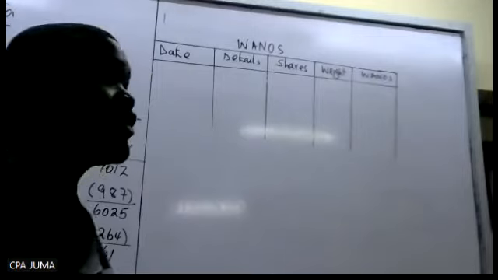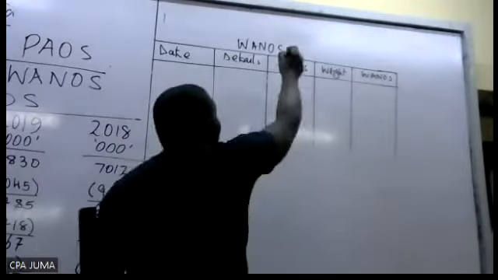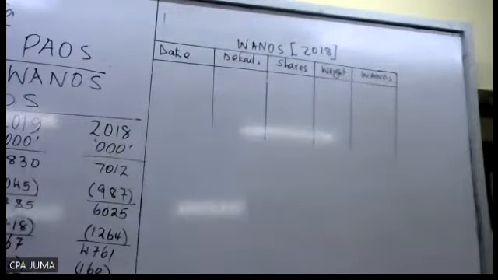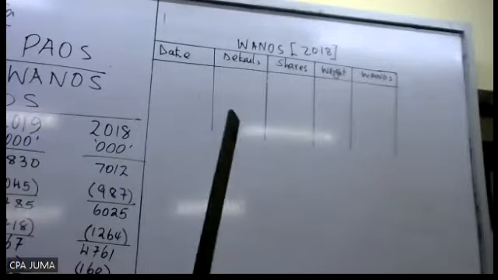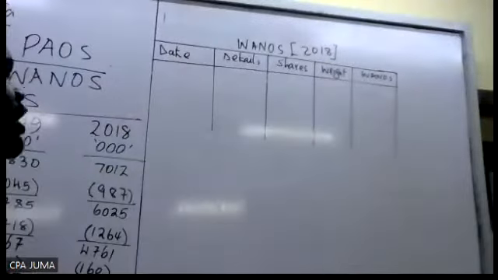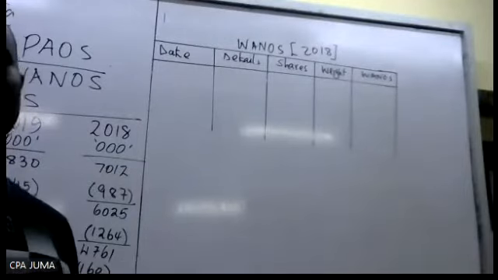So we are working for which year? 2018. You must finish up with 2018 so that you get the closing number of shares to be taken to 2019. So you start with the beginning. The date should be the start of that year.